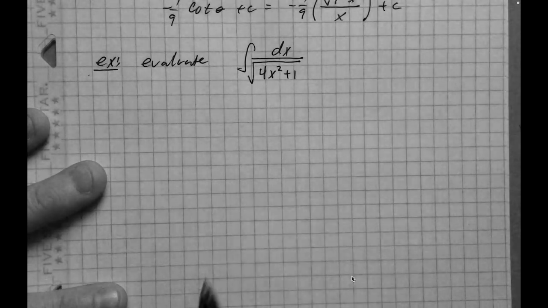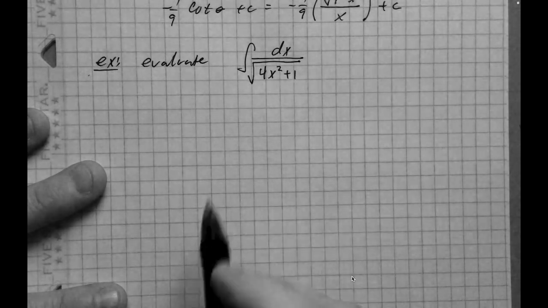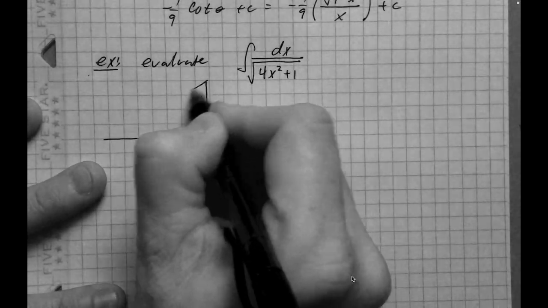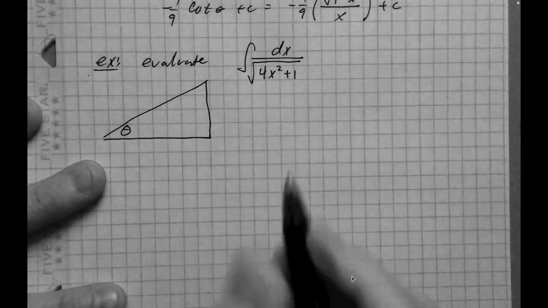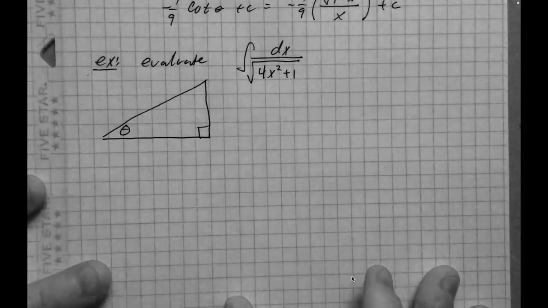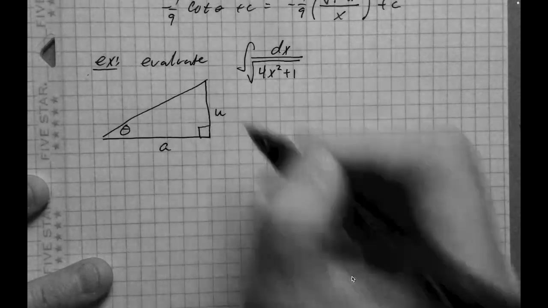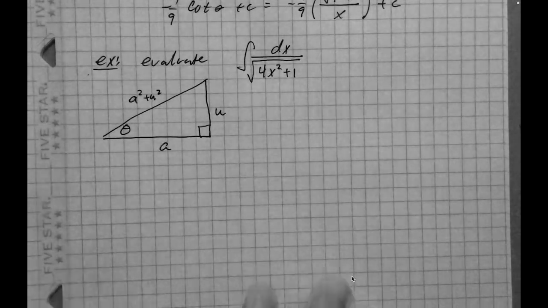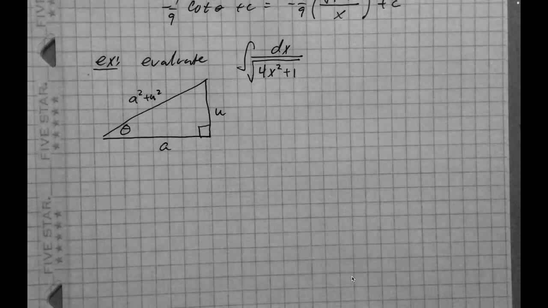Let's see here how to begin. Well, if you think back to the triangles that we already talked through, we had this one right here. We had a, u, and then the square root of a squared plus u squared up here.